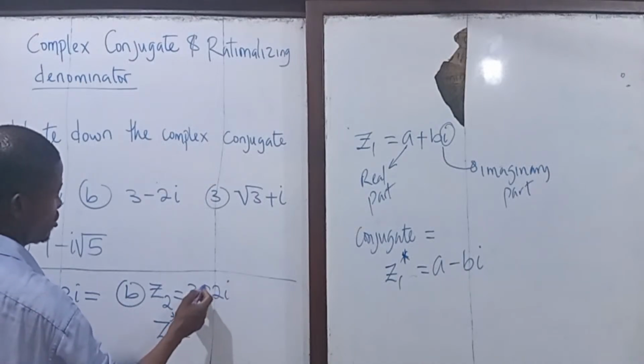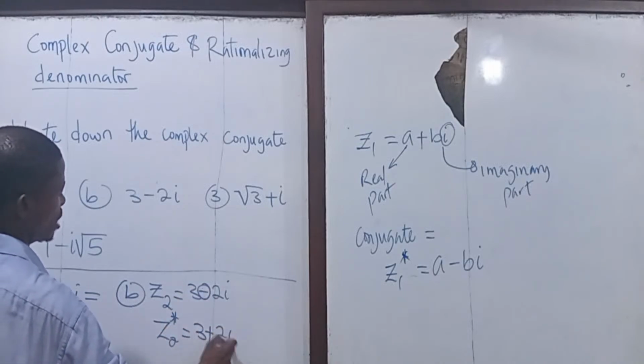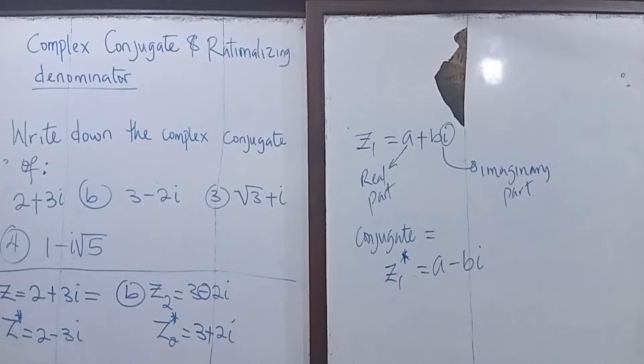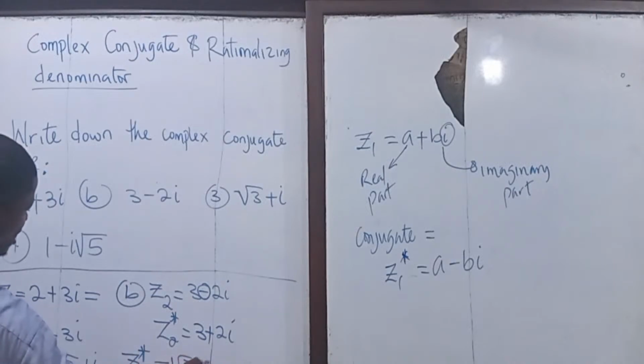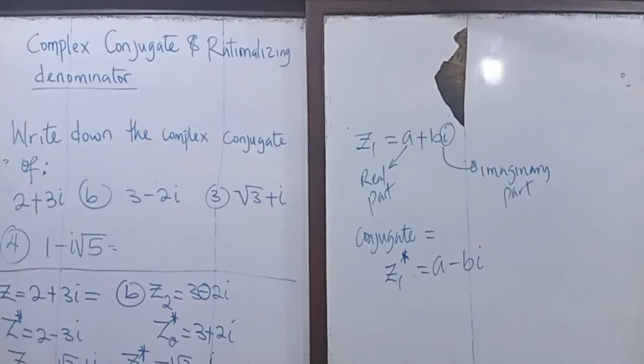It is just change this sign. That will be 3 plus 2i. The third one, let's call it z3, which is root 3 plus i. So its conjugate, okay, will be equal to what? Root 3 minus i. Just change the sign, okay?